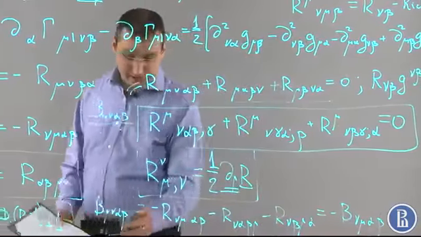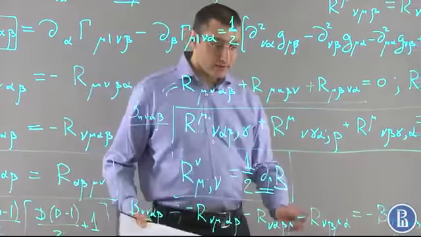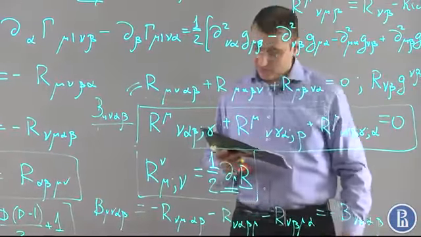Similarly, one can check that it is antisymmetric under exchange of alpha beta, nu mu, etc. So it means that this is a totally antisymmetric tensor.